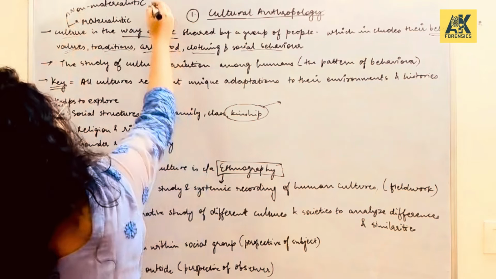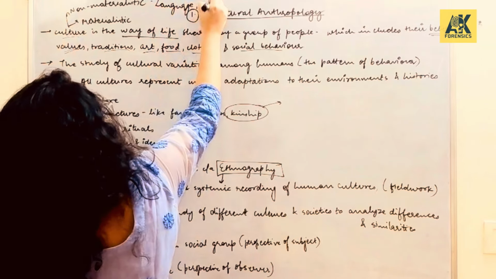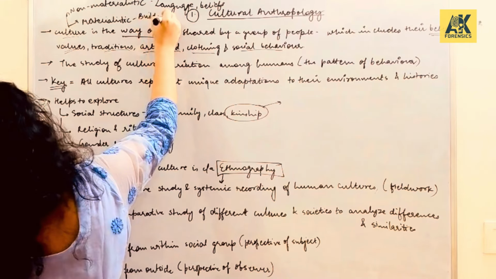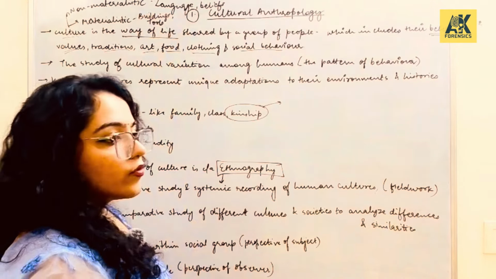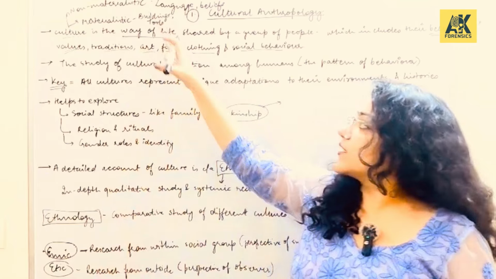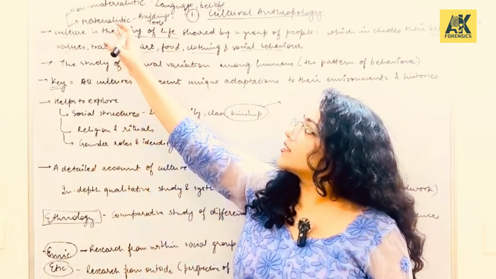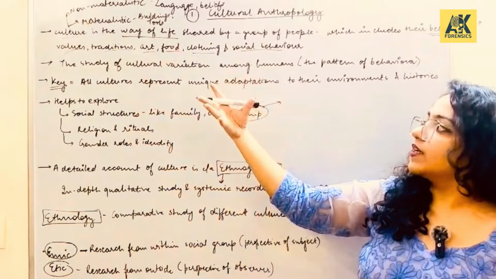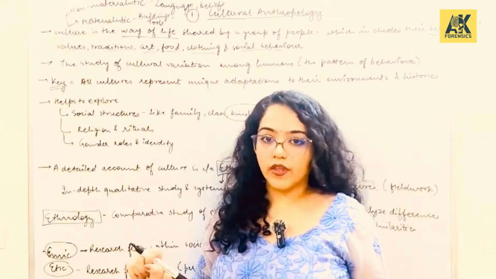The non-materialistic things could be our language, our beliefs, and the materialistic could be the buildings, the tools that we are using, how we are monetizing certain things, right? These are all materialistic things, while the language, our beliefs, how we are communicating, are covered under non-materialistic things. So these materialistic and non-materialistic things are all inclusive under the term culture, right?